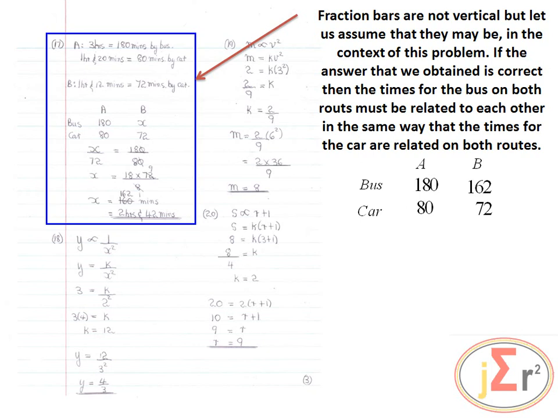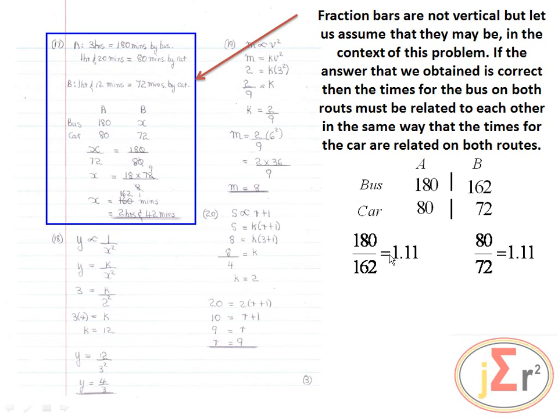So instead of saying that for this route this and this are related, and for this route this and this are related, we will say for the bus these 2 times are related, and for the car these 2 times are related. And we put fraction bars like that in the context of this problem.